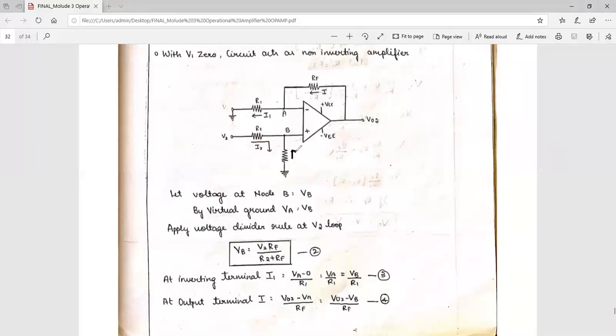So the voltage at this particular point VB will be equivalent to the voltage in the same branch, that is V2, into the resistance in the other branch, divided by the sum of the resistances, that is R2 plus RF. So we got the expression for VB, which is equal to V2 into RF divided by R2 plus RF.